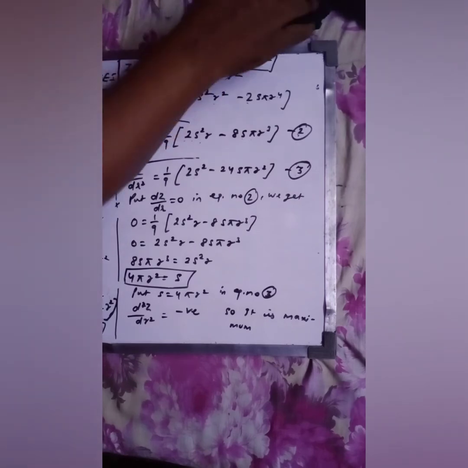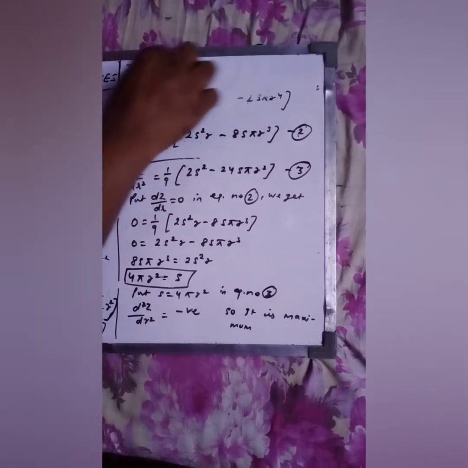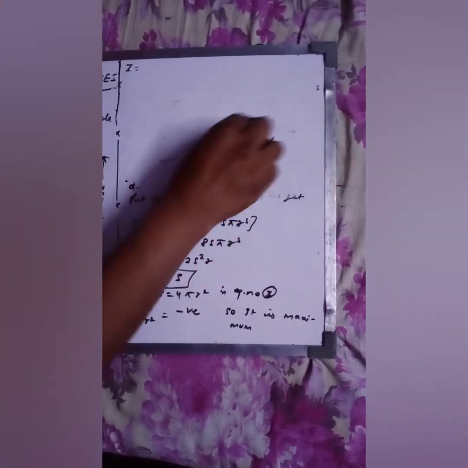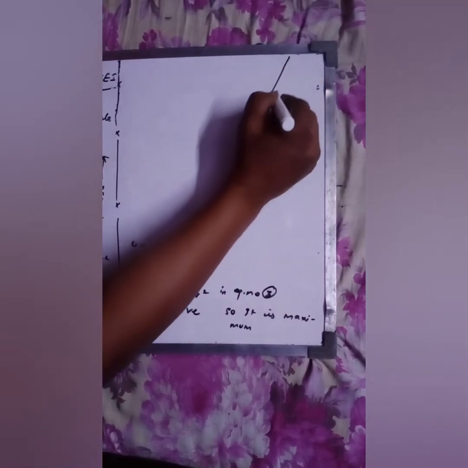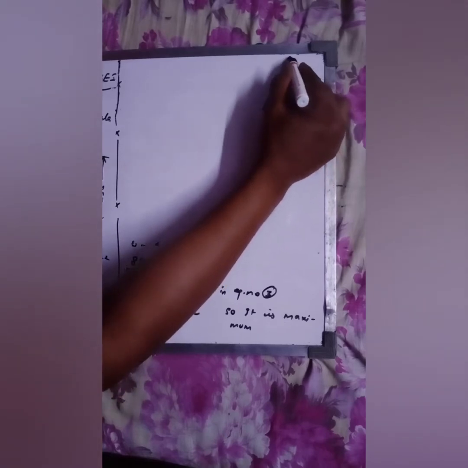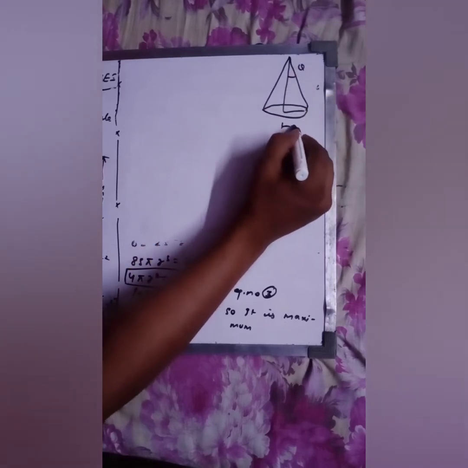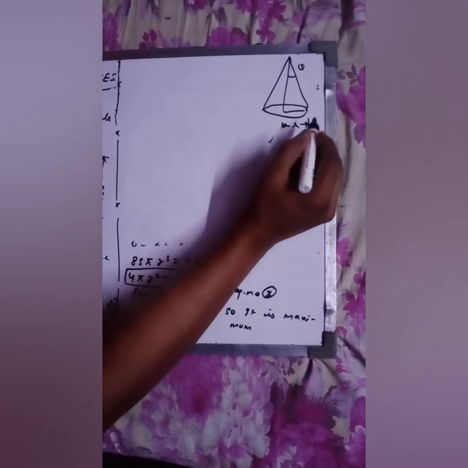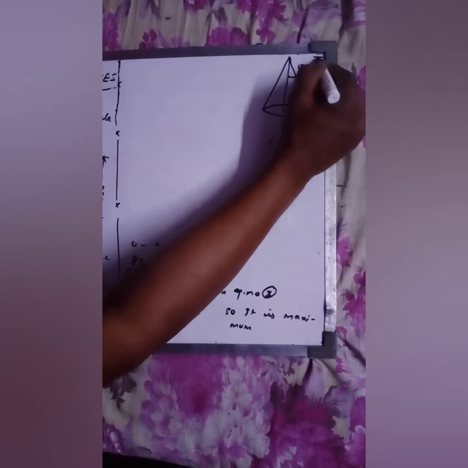So after this, what you have to do? Let me erase this. This was your figure. This was the semi-vertical angle. This is your radius r, and this is the height h.